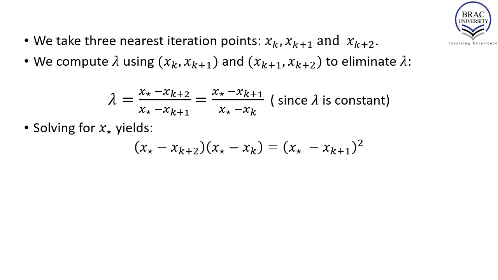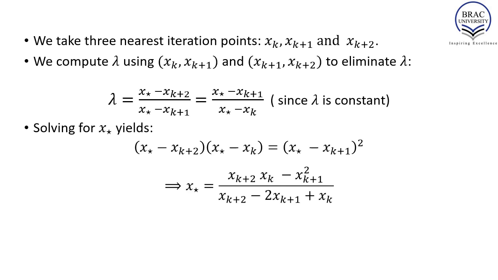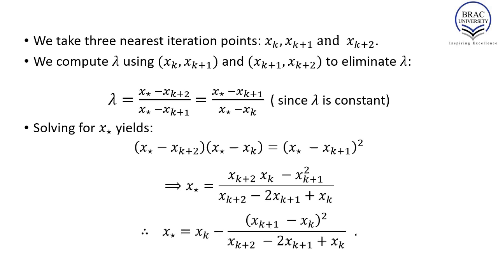We do some algebra to solve this, and we can write x star as a ratio of two terms. These two terms can be written in a simplified form: x star equals x k, the kth iteration, minus (x k plus 1 minus x k) whole squared divided by (x k plus 2 minus twice x k plus 1 plus x k).